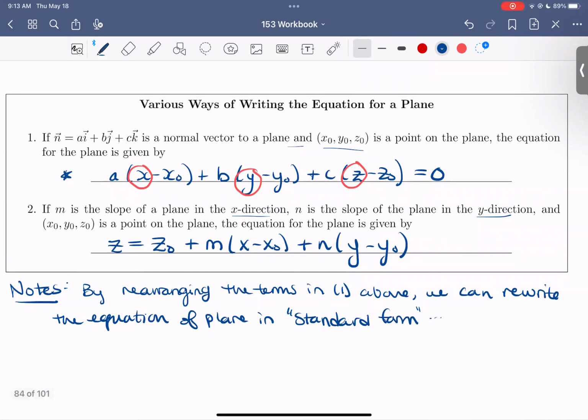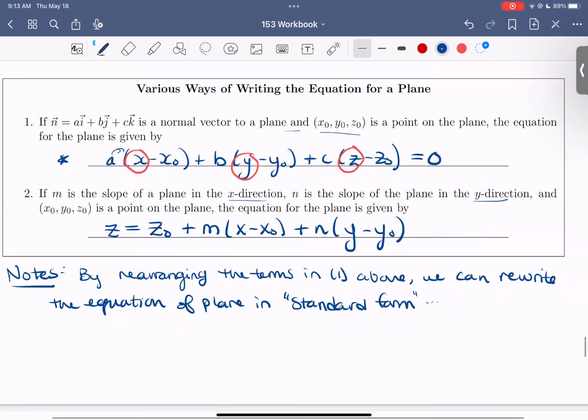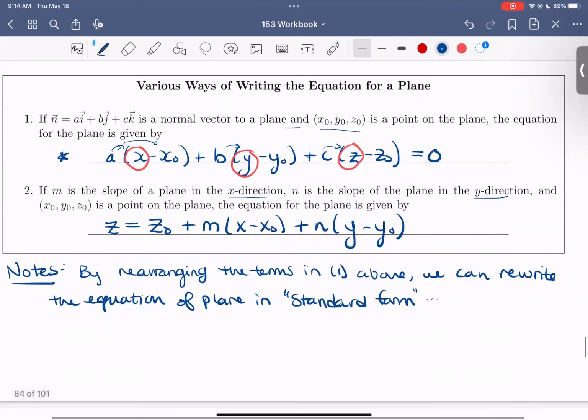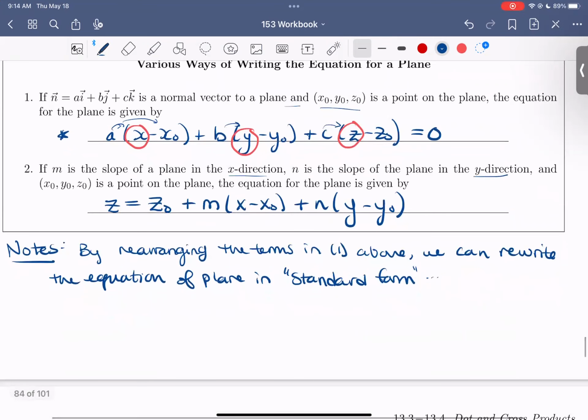So when we do that, what happens is we'll have the a on the x, the b on the y, the c on the z, and then again, we'll have these constants. We'll subtract an ax naught, by naught, and cz naught. And so essentially what that would look like is ax plus by plus cz equals some constant.